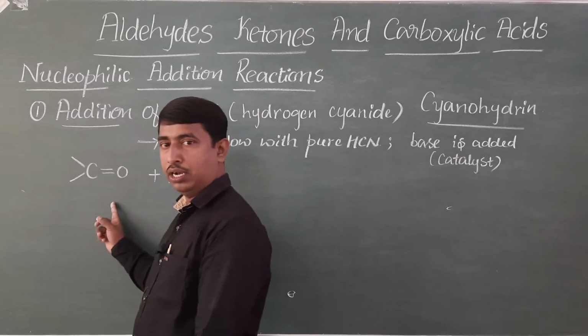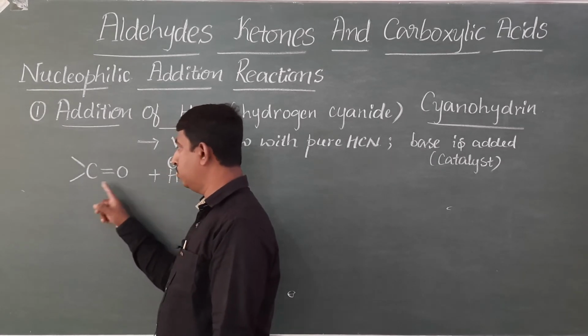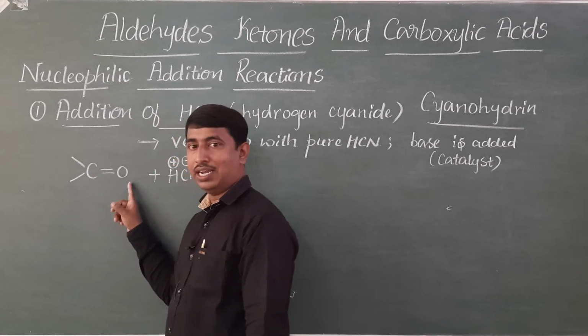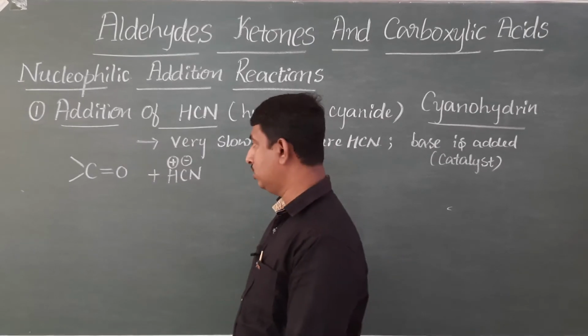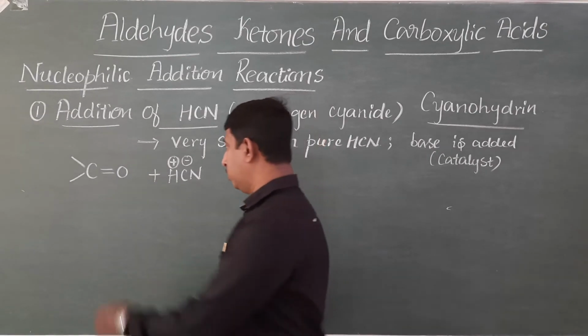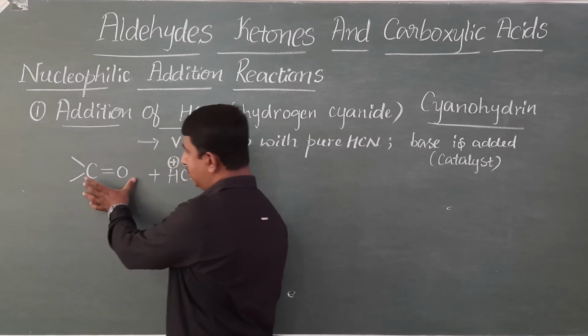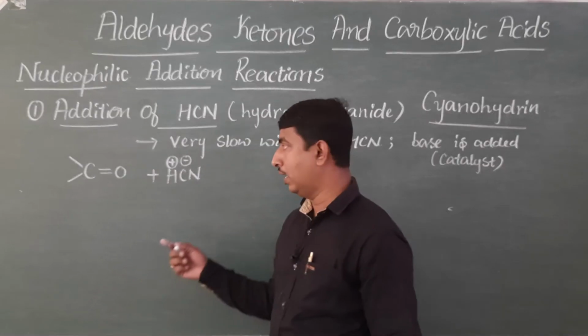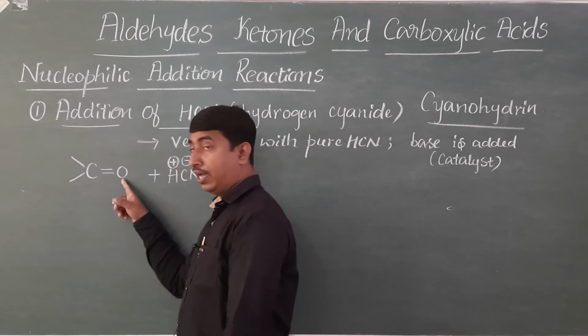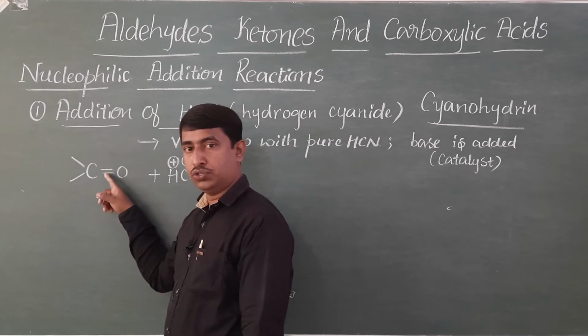Now what about the carbonyl group? In this carbonyl group, carbon is directly bonded to oxygen by a double bond. Since oxygen is more electronegative, it attracts the shared pair of electrons towards itself.